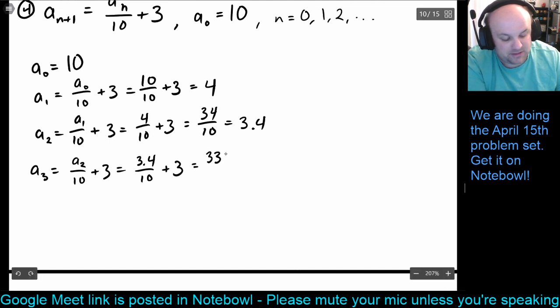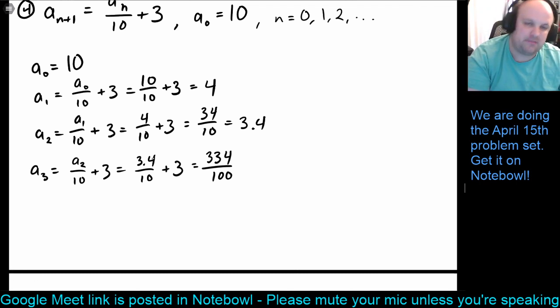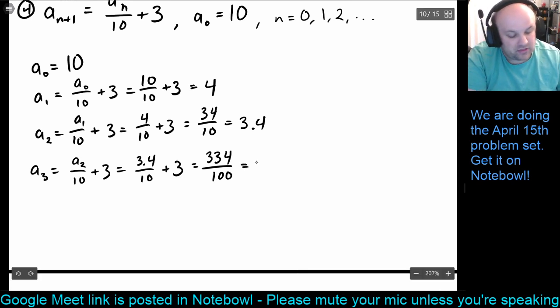Decimals, we want to get them out of a fraction, so we'll multiply the top and bottom by 10. So this is 34 over 100. This is 300 over 100, so when we add them, we get 334 over 100. And this gives us 3.34.